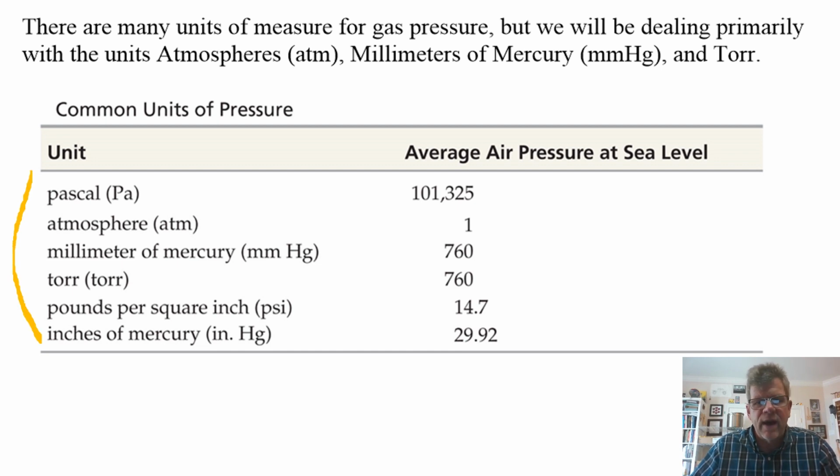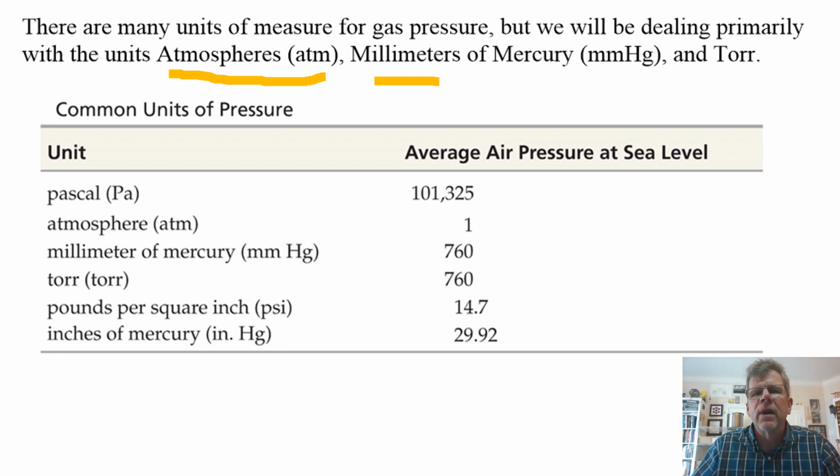That is not the entirety of them, but of the 6 shown here, we use 3 of them most of the time, as you'll see. Those are atmospheres, which is abbreviated as ATM, millimeters of mercury, like in a barometer, which is abbreviated mmHg, or torr. Those are the 3 big ones that we ultimately use.